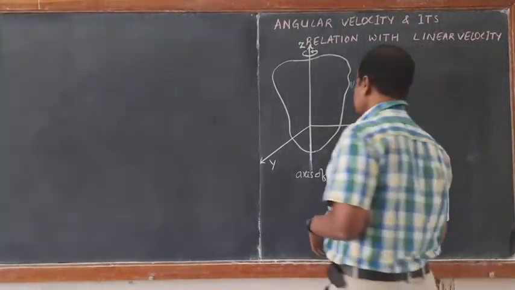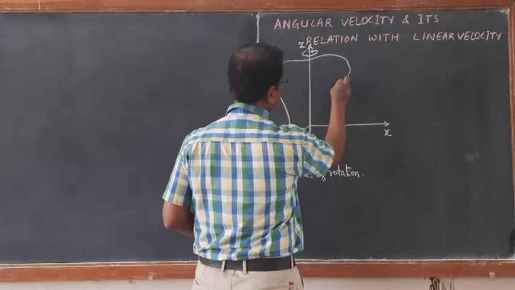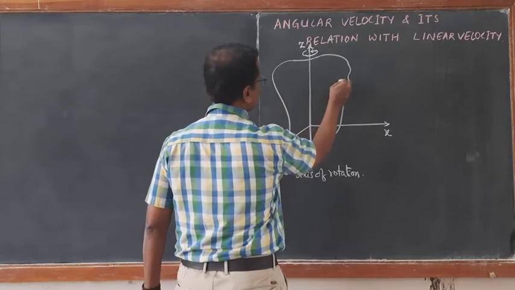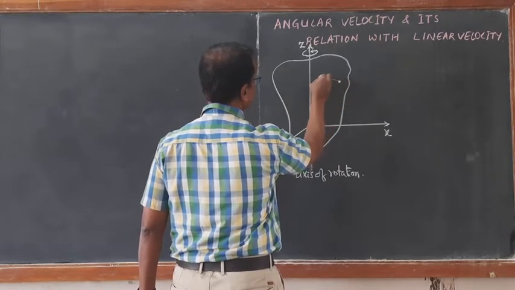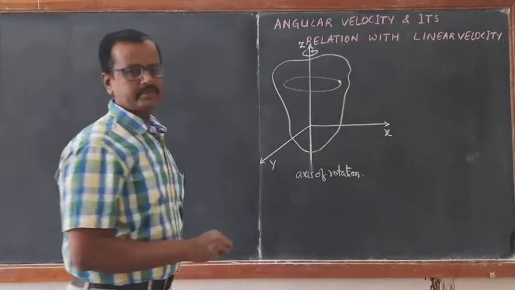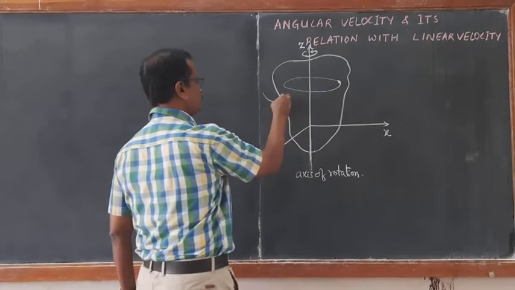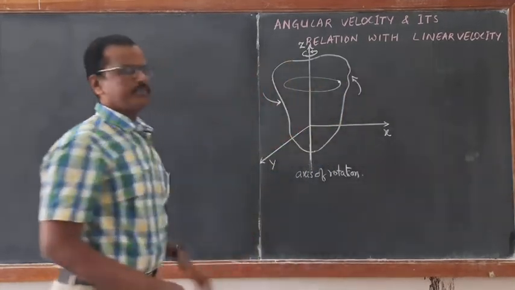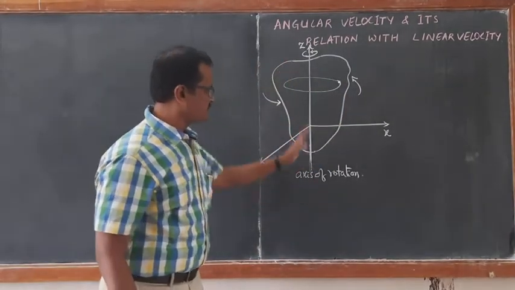Then, if you consider any single particle, this single particle undergoes circular motion when the rigid body undergoes pure rotational motion about the fixed axis of rotation.